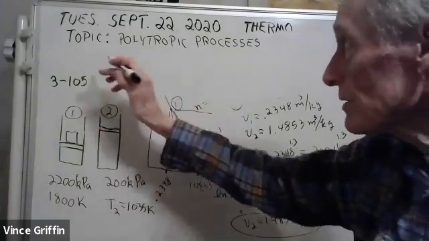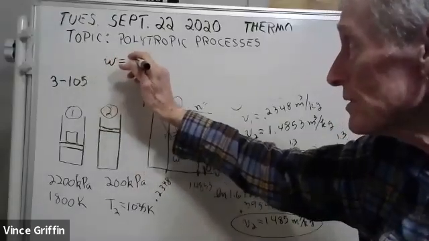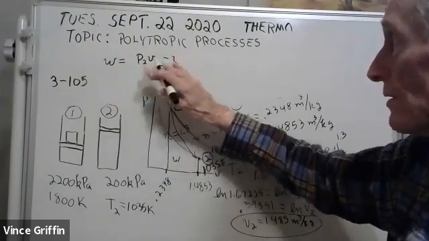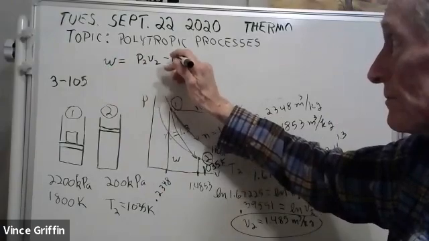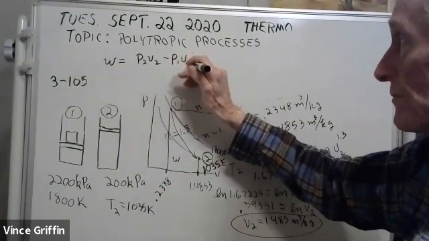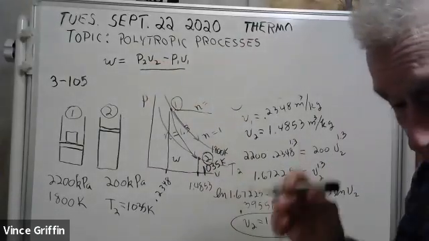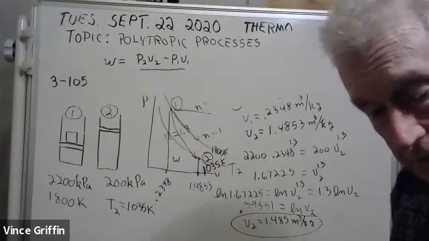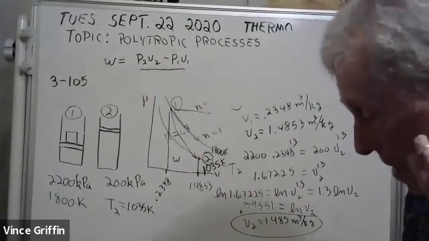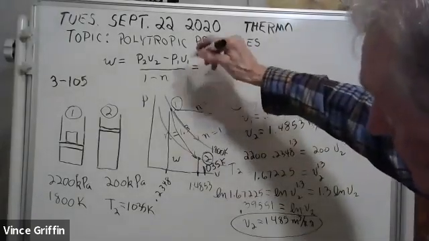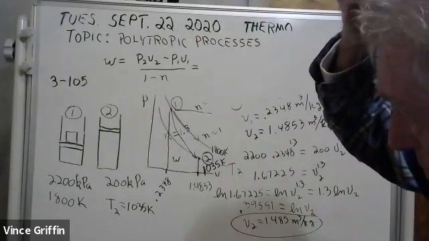But to find the work per mass, we're going to use this wonderful equation that we cooked up earlier. Now, what do I put in the denominator again? Does anybody know? The 1 minus n. Okay, great. Well, let's do it. Now, what did we say P2 was?